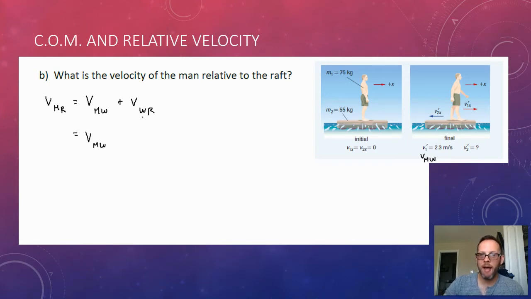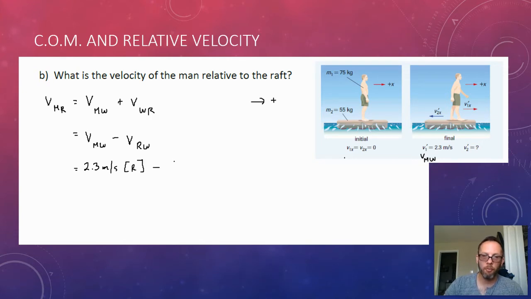And we actually found the velocity of the raft with respect to the water. So why don't we just rewrite this as minus VRW? And then we have both of these things, right? If we choose right to be positive, the velocity of the man with respect to the water was 2.3 meters per second to the right.